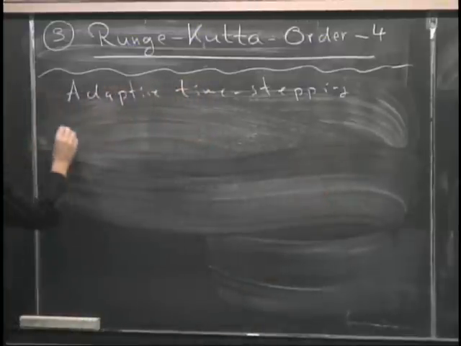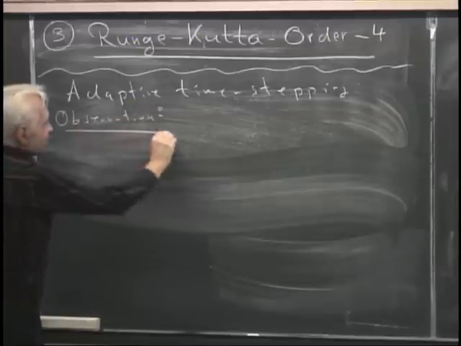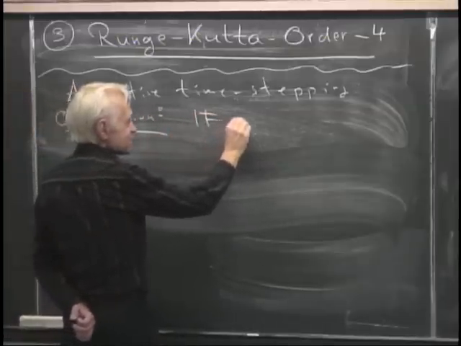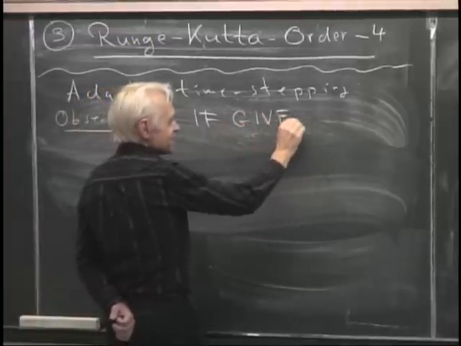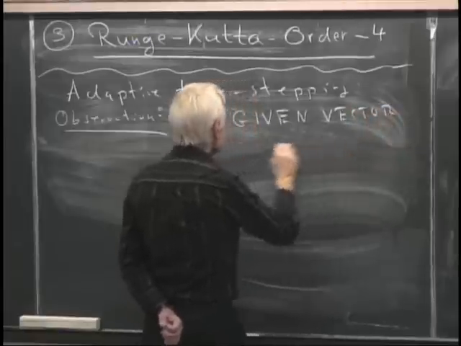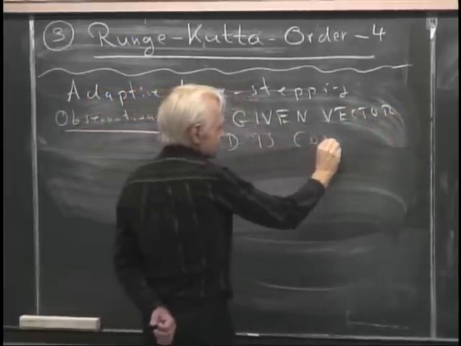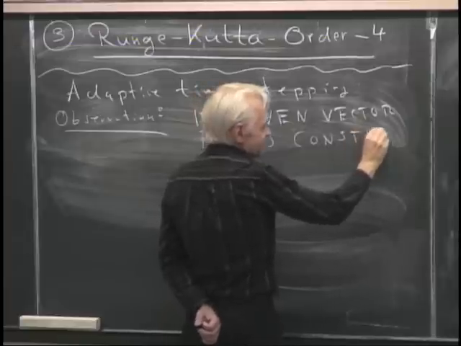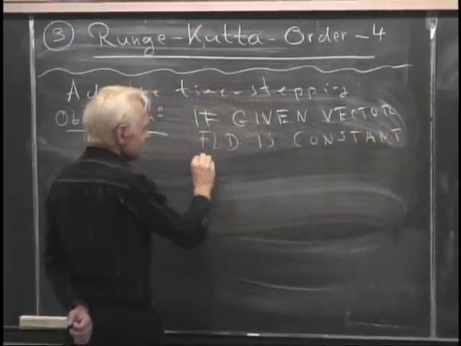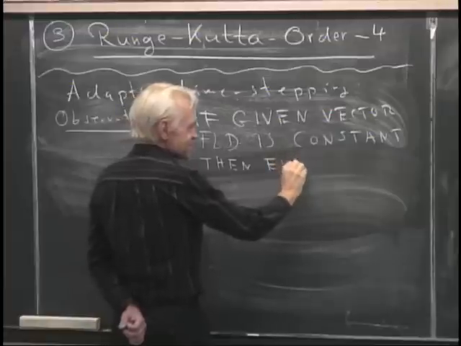First observation: if the given vector field is constant, then Euler, the simplest of schemes, suffices.